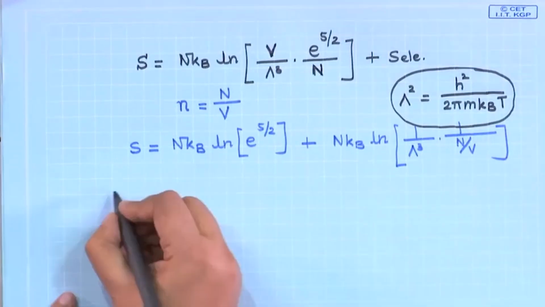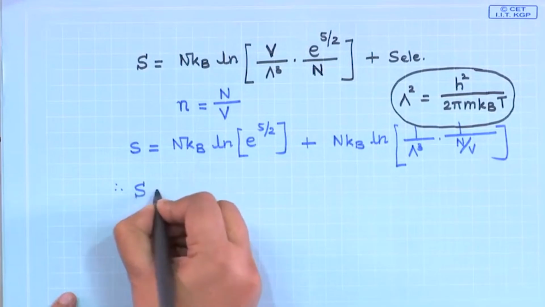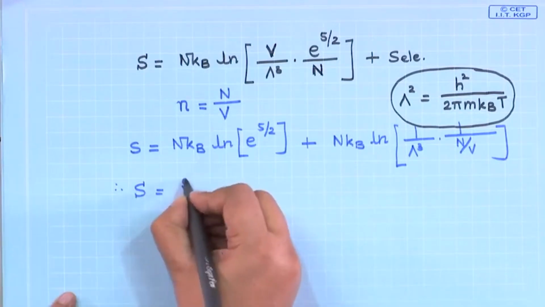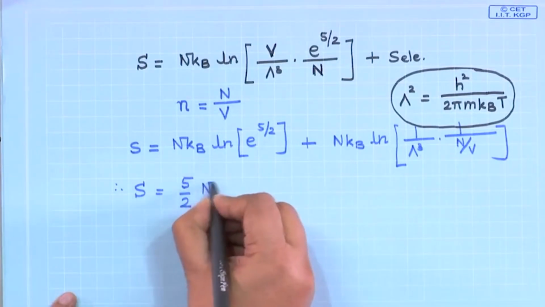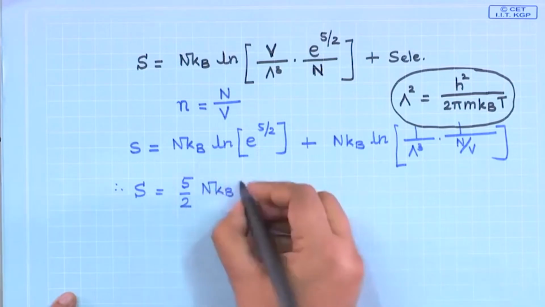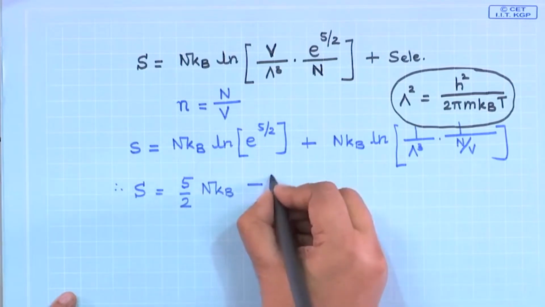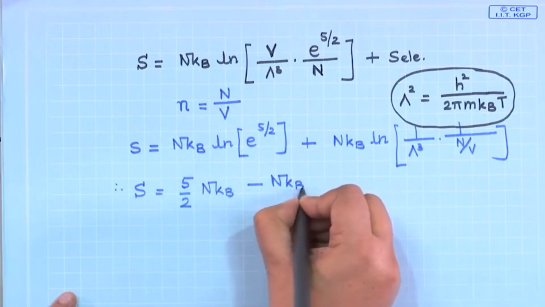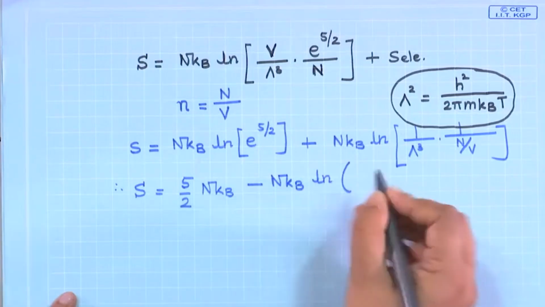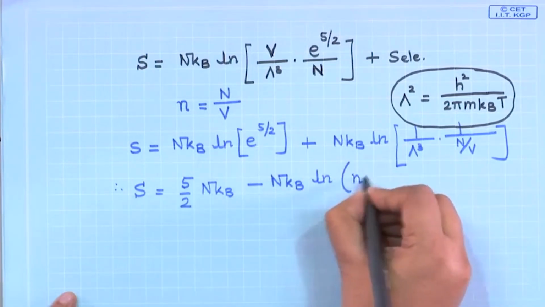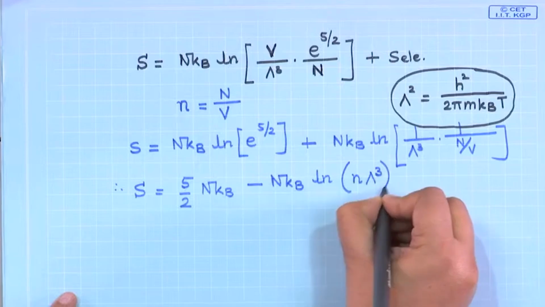If that is so, then S turns out to be nothing but (5/2) n k_B − n k_B ln(n λ³), where n is the small n, the number density.